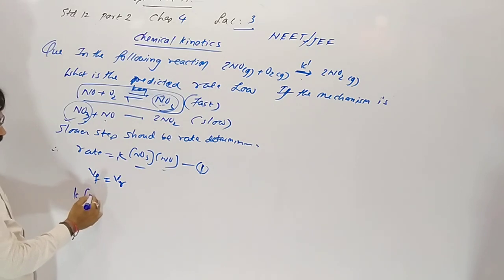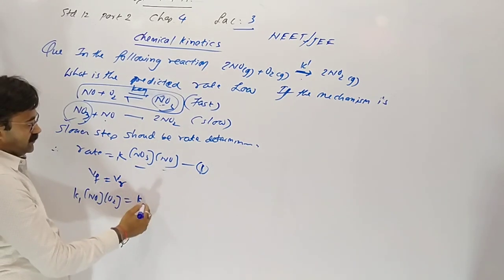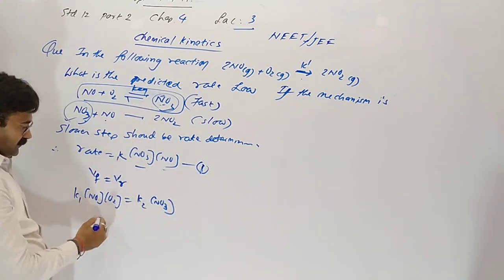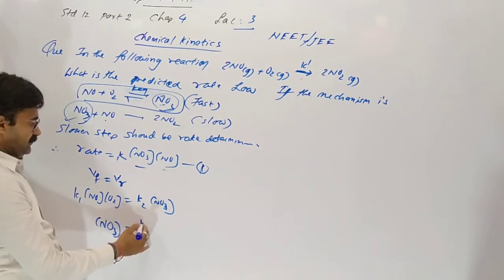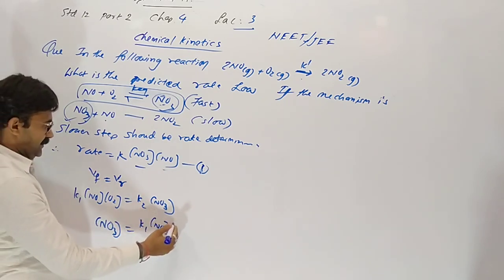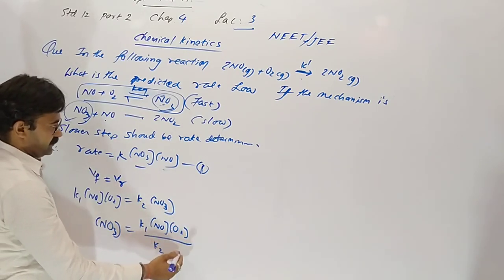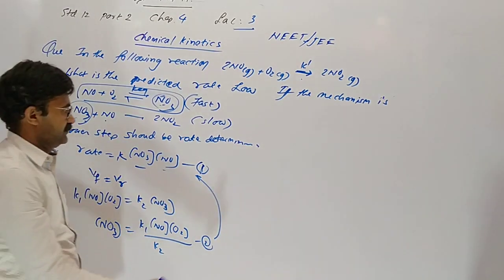So K1 into NO into O2 equal to K2 into NO3. For getting the value of NO3, we simplify: K1 NO O2 upon K2. Put down the second value in the first.